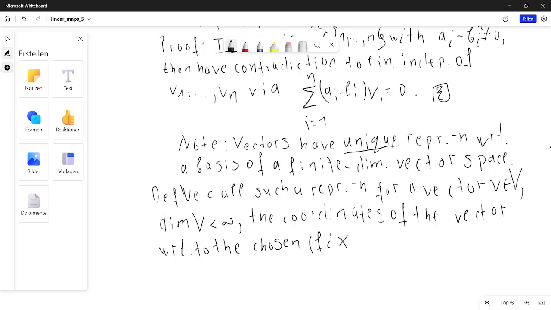And that is important because with respect to different bases we would have in general different coordinates. You can try to look at that, just take some basis like the standard basis of R3. Right, that's kind of a side note.